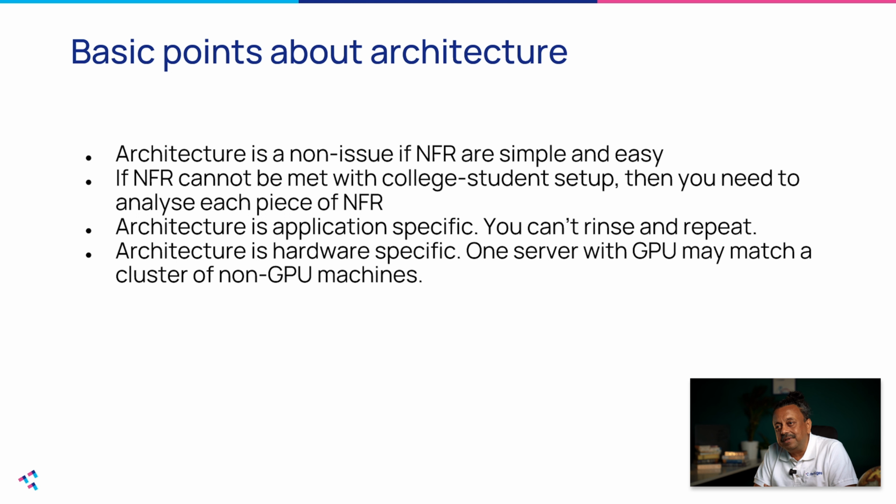Architecture is also hardware specific. The kind of hardware you are going to run your system on will often strongly influence the architecture of the system. To give you an extreme example, which is not very common these days, if I know that I have to build my application to run on IBM Z series mainframes versus if I know that I have to build the application to run on the x86 family of Intel or Intel compatible servers, the architecture will be very different.